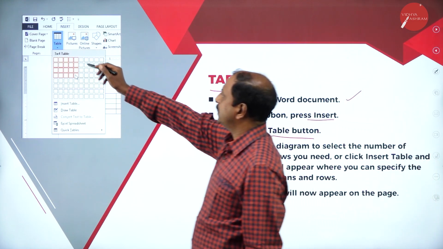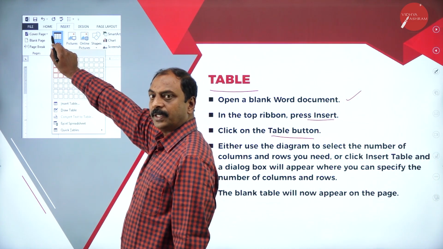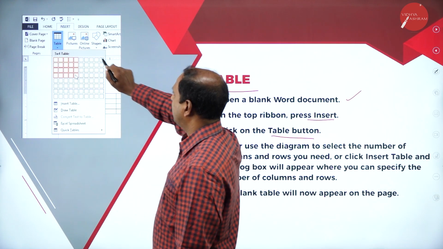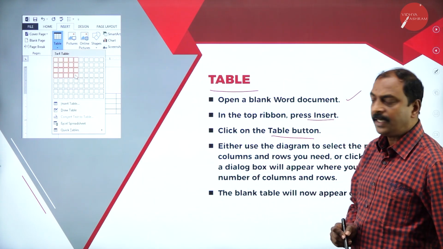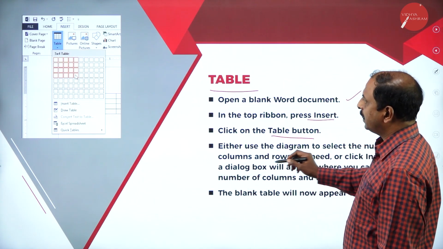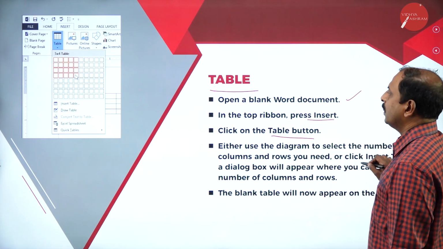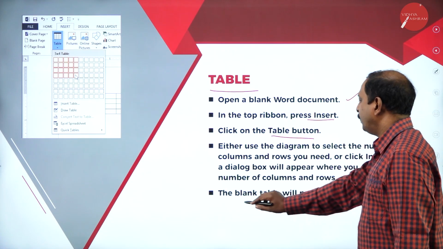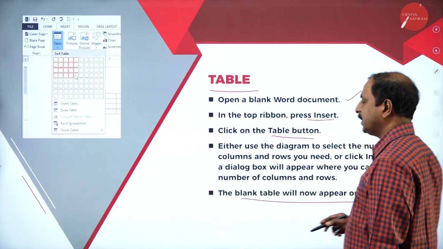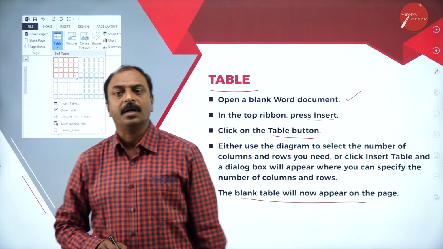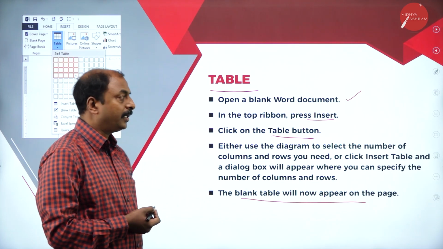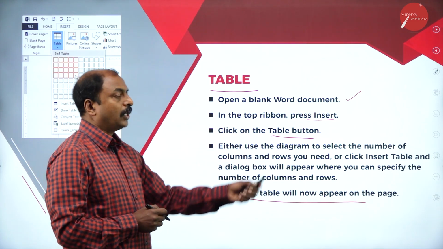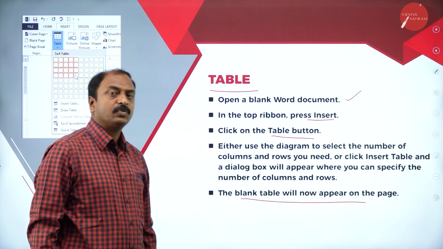Then we will get a grid like this. Under that, we have to select through the diagram the number of columns. As soon as we select that, immediately a blank table will be inserted in the working area of your MS Word document. So this is how to insert a table in MS Word.